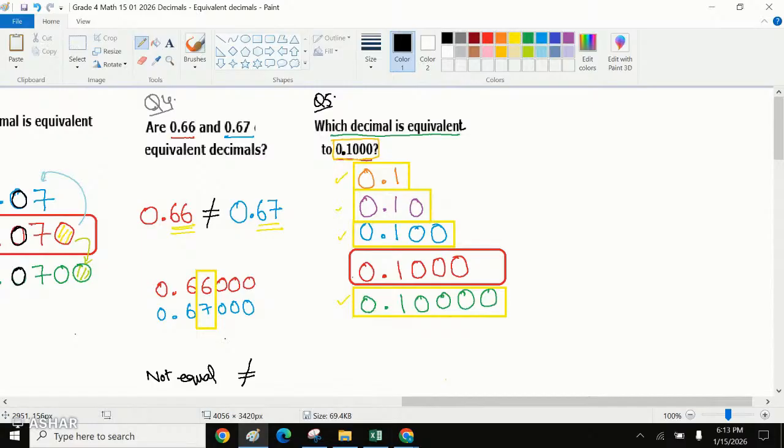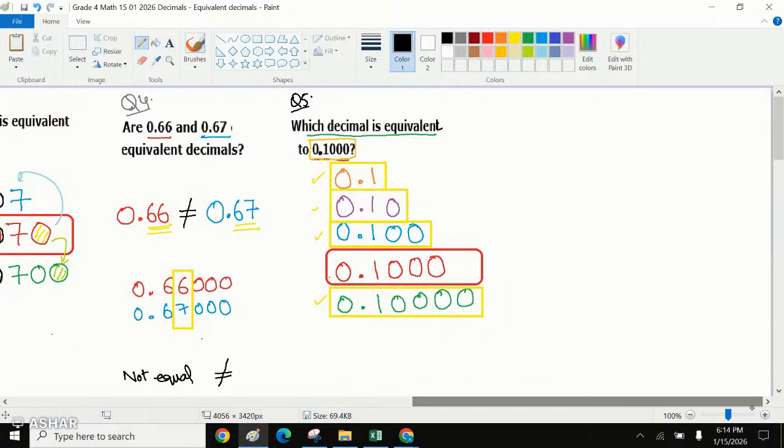The zeros can be added after the number in the decimal cases. You cannot write 0.01, it has to be 0.10. We can add as many zeros as we want at the end, but that would not make any difference, right? Okay, thank you so much.